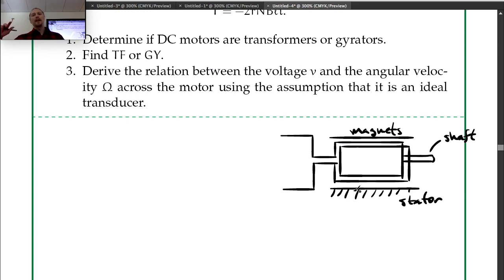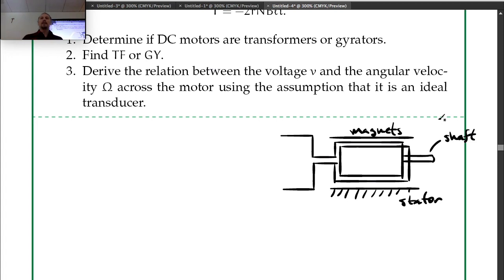It's got those coils. If you run current through a wire, you might be familiar with the fact that a magnetic field is generated around the wire. And it interacts with the field that is going, say, between these two sides of the magnet.